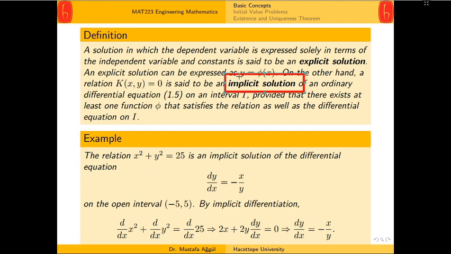For this reason we need to introduce implicit solutions of an ordinary differential equation as well. So explicit solution, whenever we can write it like y is equal to f of x, for example. Implicit solution will happen if we cannot separate y from the others. Okay, so these are the definitions.